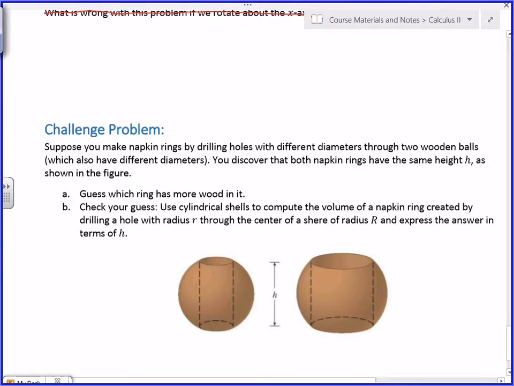And what I mean by using cylindrical shells on this example would be, set the problem up where you've got a three-dimensional problem. So you're basically taking this curve right here, or this area here, and rotating that about the y-axis.